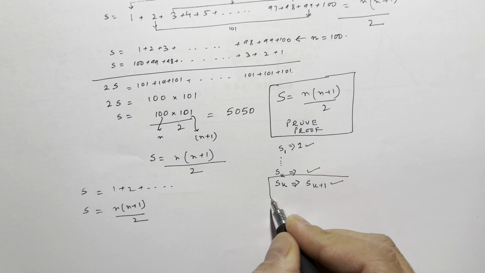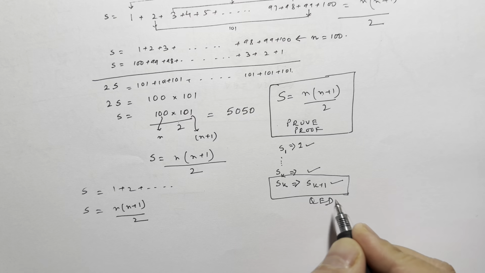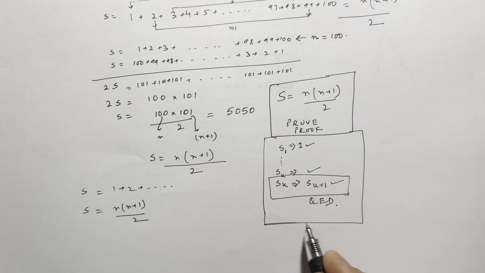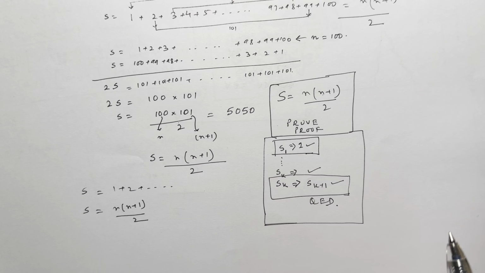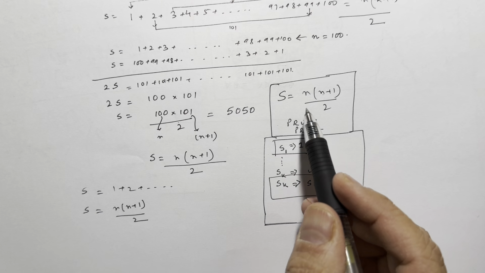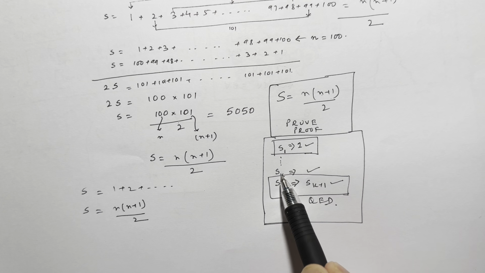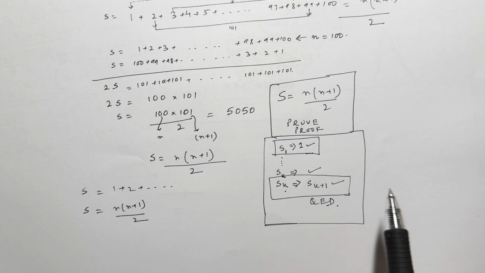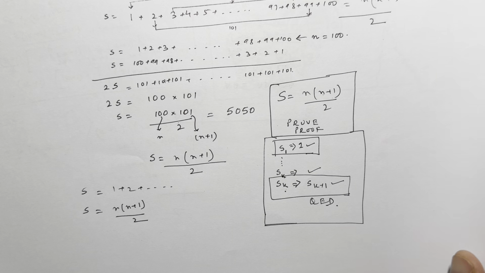If this happens, we've shown the proof. So this is essentially the algorithm we use. Show that the first number holds true, then any generic number holds true, and then Sk+1, which is the generic number plus 1, holds true.